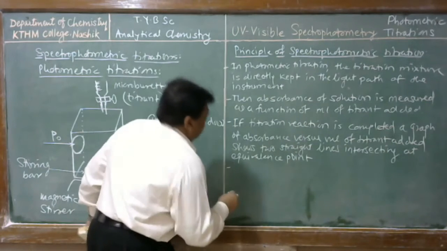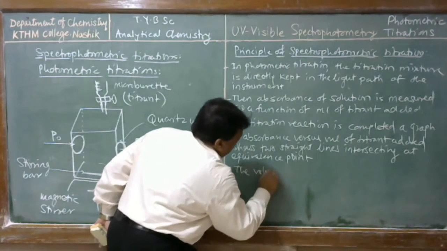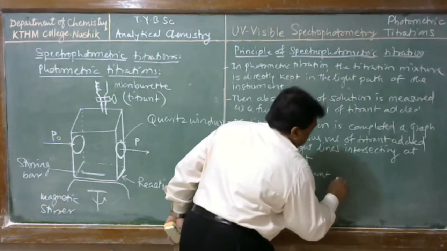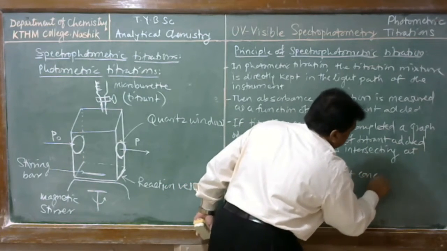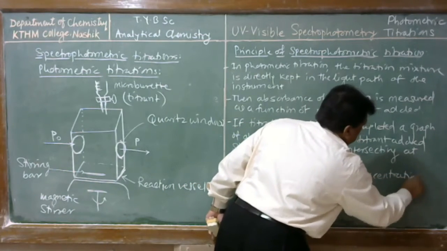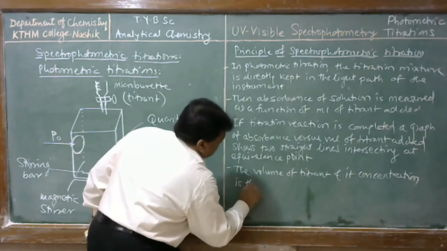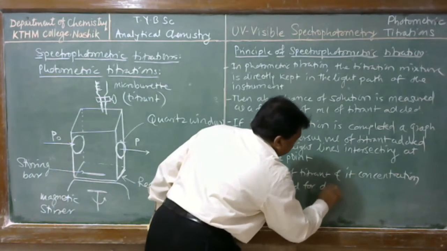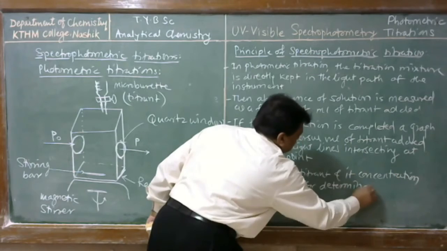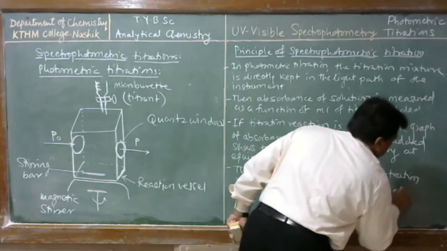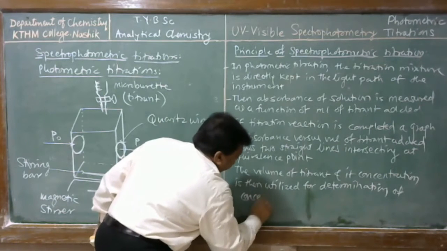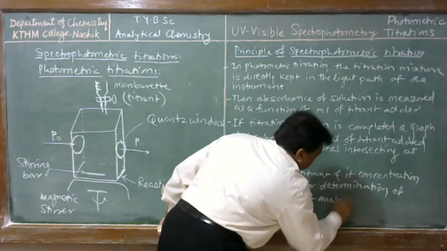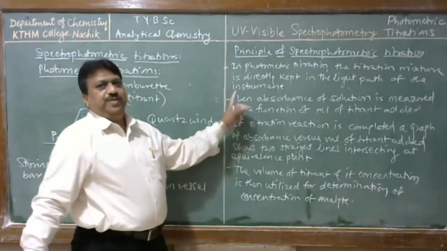The volume of titrant and its concentration is then utilized for determination of the concentration of analyte. This is the basic principle of photometric titration.